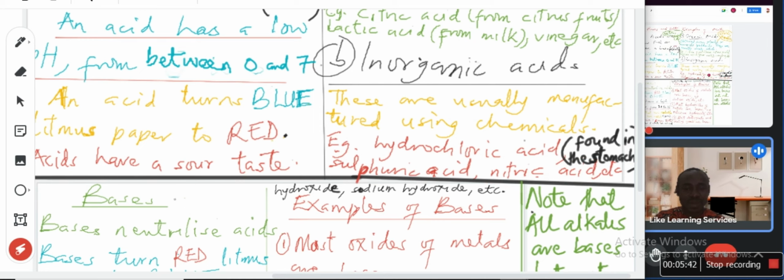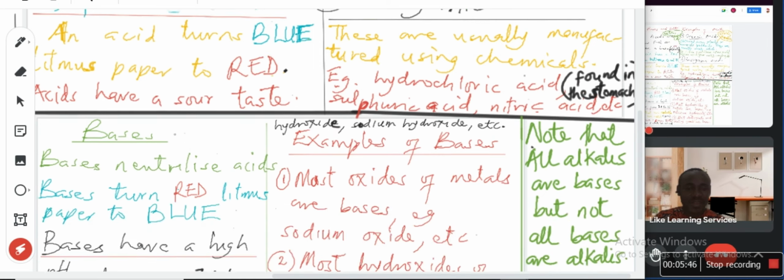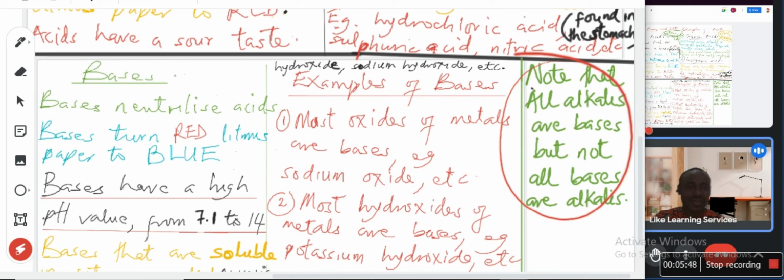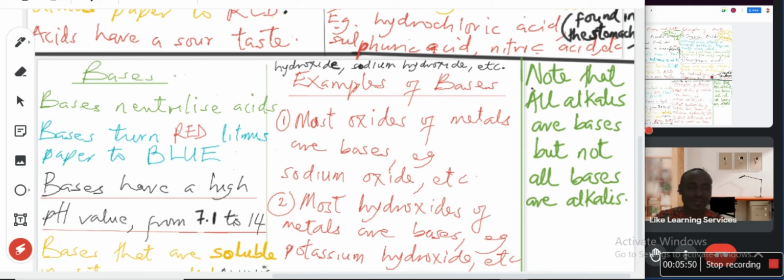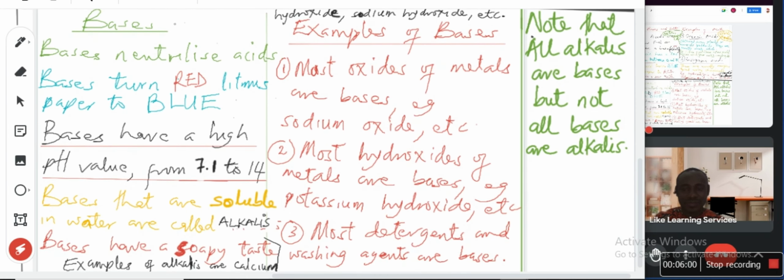I've already told you about bases. Now, I said something about alkalis. Read what I wrote in green. Note that all alkalis are bases, but not all bases are alkalis. Remember what alkalis are. Alkalis are bases that are soluble in water.